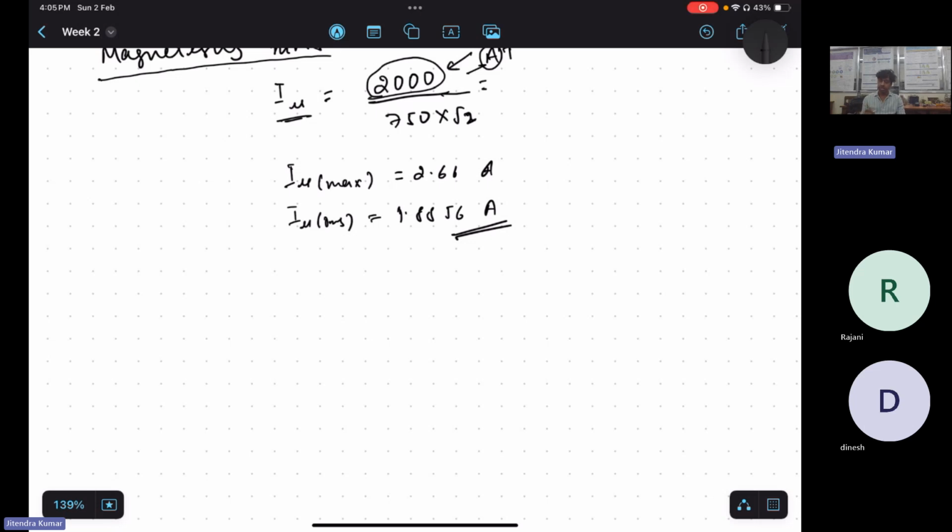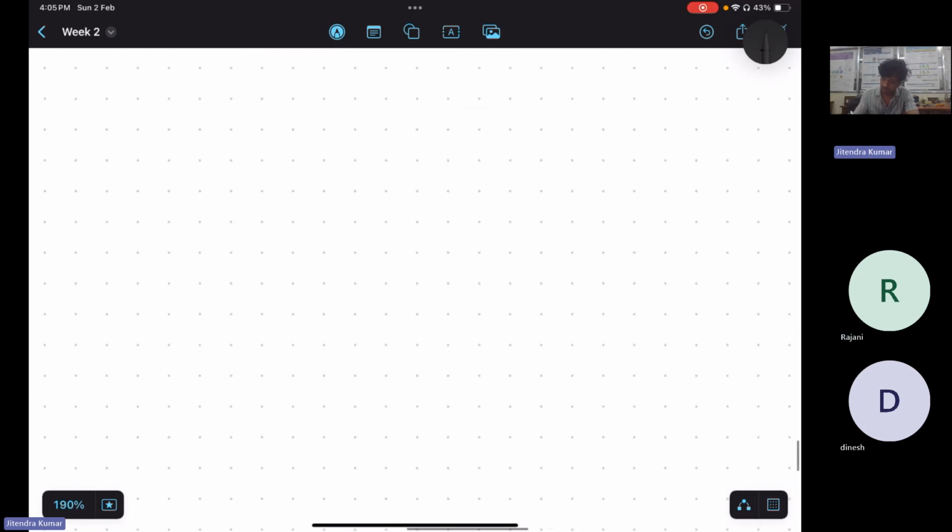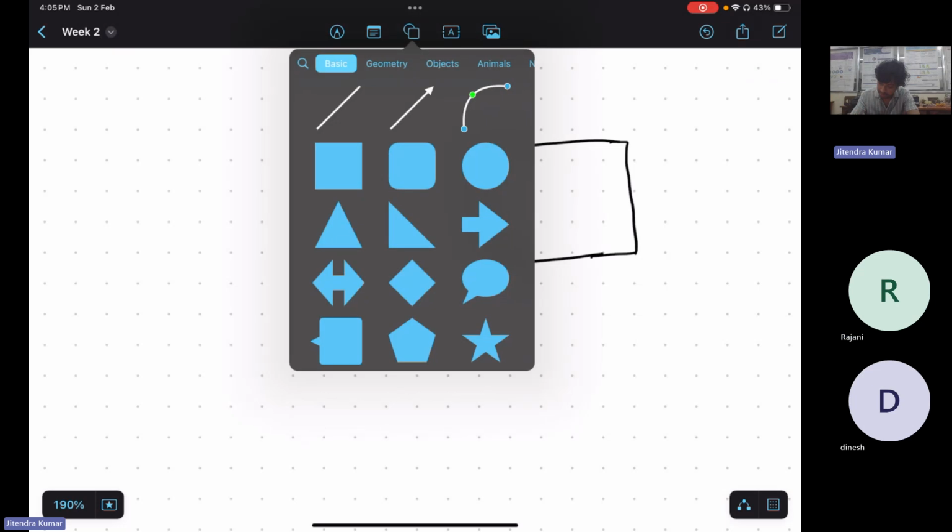We draw a circle around the core to calculate the optimum area of the core. So let me talk in this manner. We have a core here, right? Then you draw a circle. Let me take the help of a ready-made drawing.